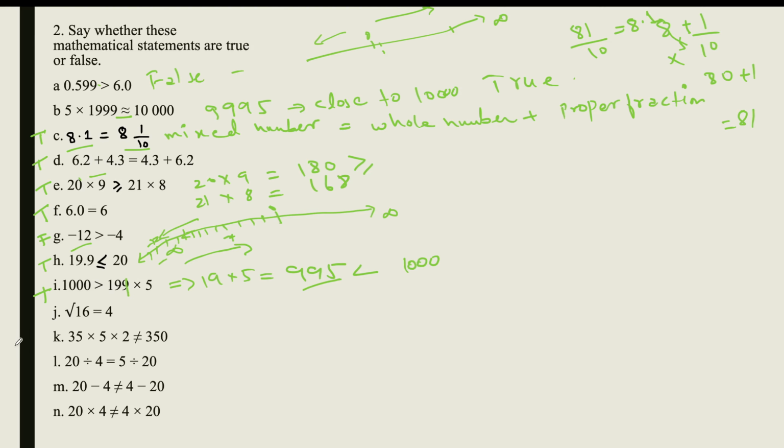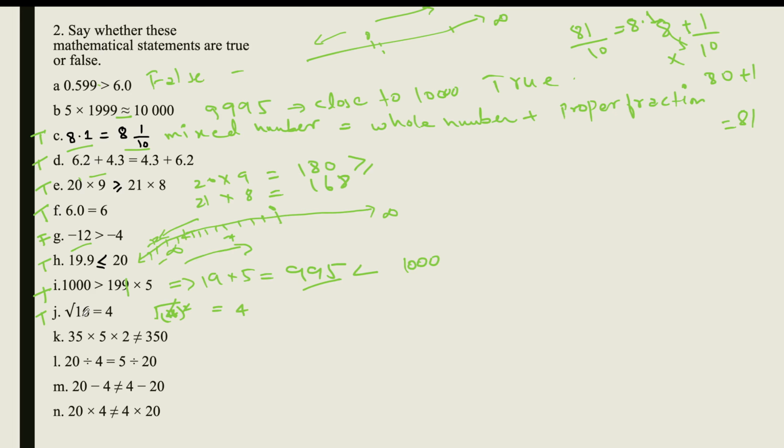So next part is the square root of 16 is equal to 4. This is also true, because how can we prove that? If we take the under root of 16, it would be taking the square of 4, this gets cancelled and we get 4.